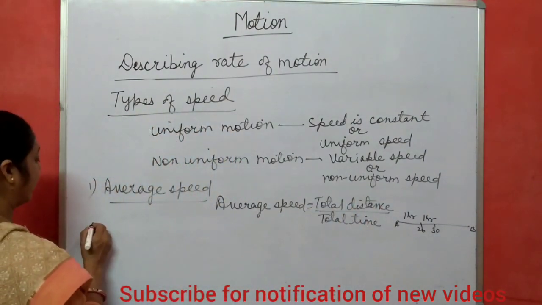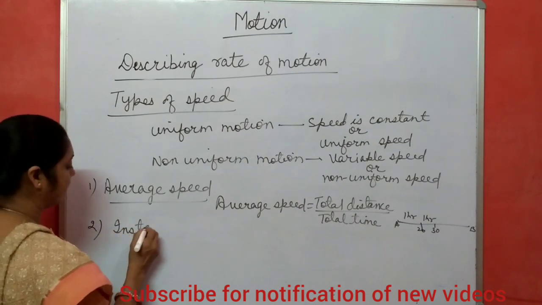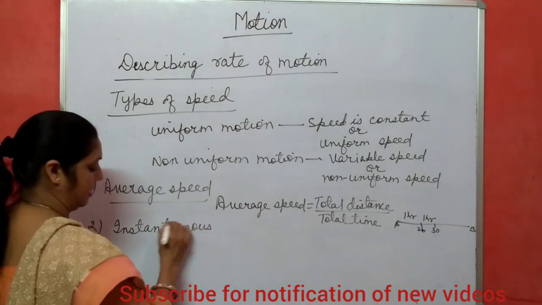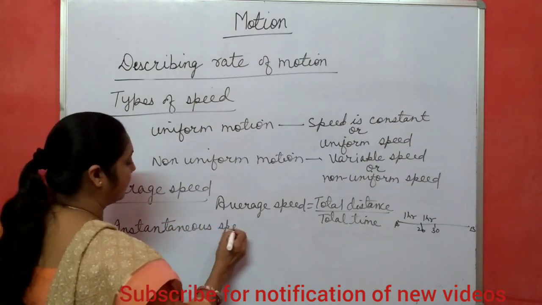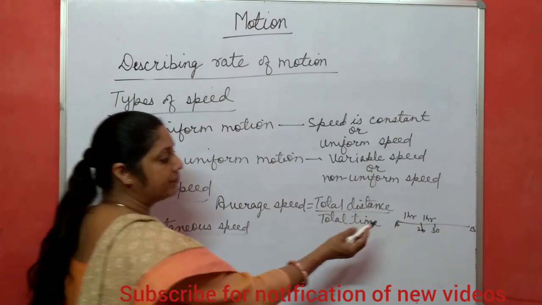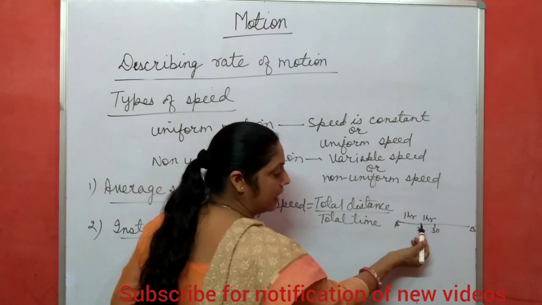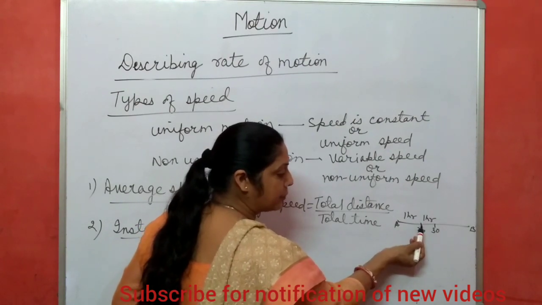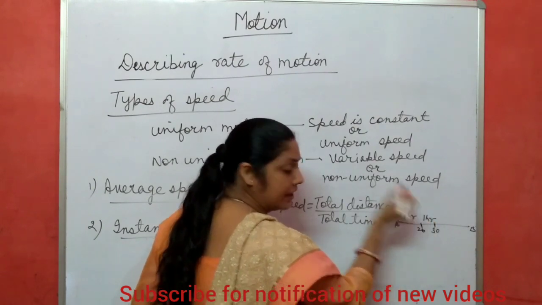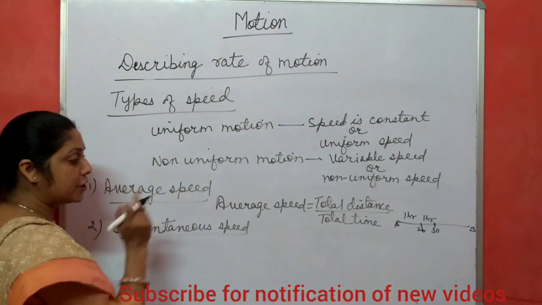And then the second one is instantaneous speed. Again, in case of non-uniform motion, speed is different at different points. So if anybody asks, what is the speed at this point, 20 meter, what is the speed at this point, that speed is called instantaneous speed.